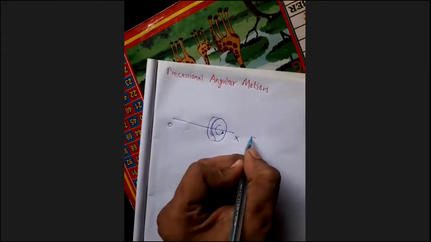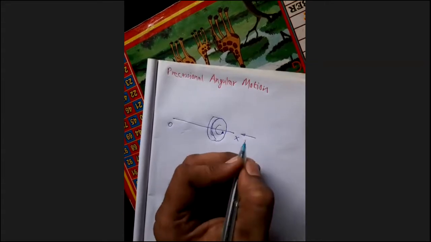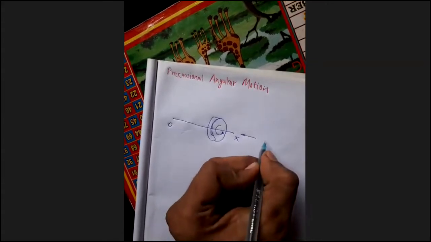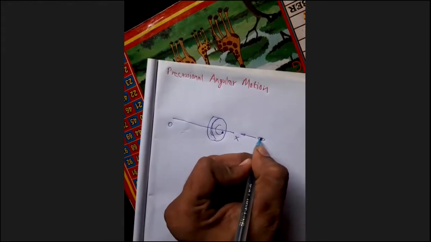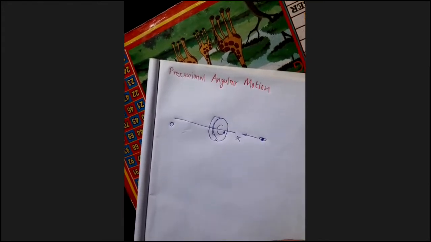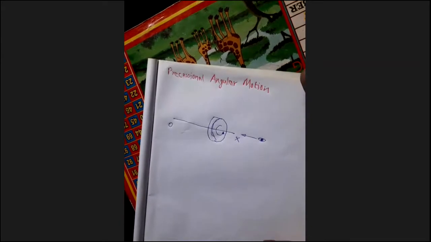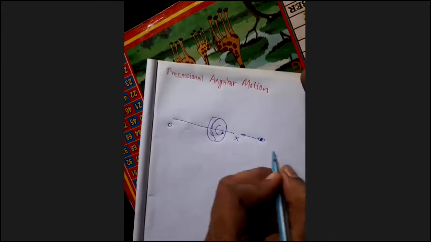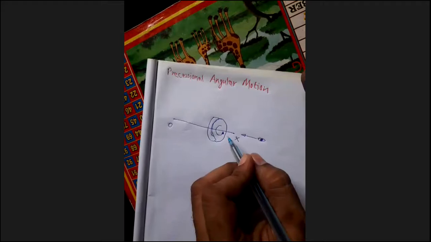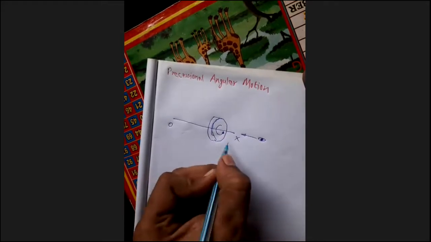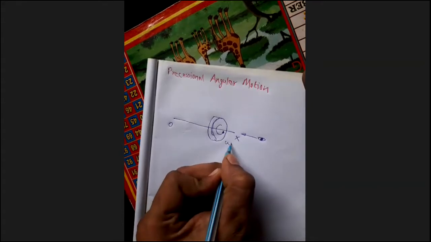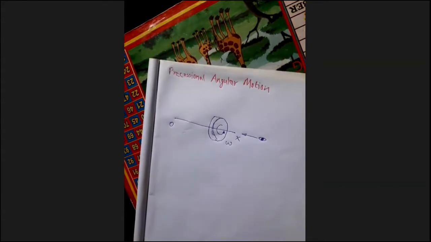This is the direction of viewing. From this direction you are viewing. I draw an eye here, indicating that this is the direction of viewing. When you view from this direction along OX, the direction of rotation is anti-clockwise. It is rotating with angular velocity omega.